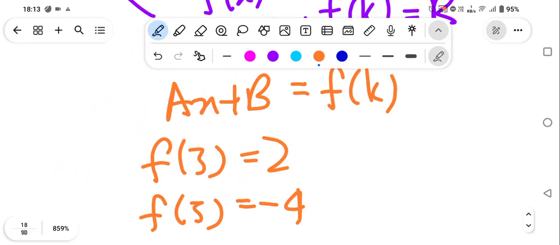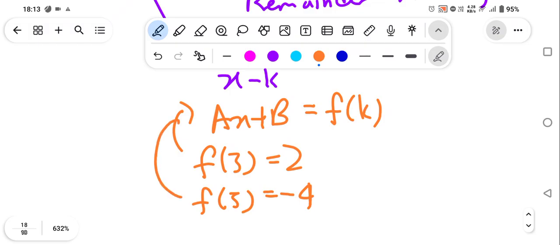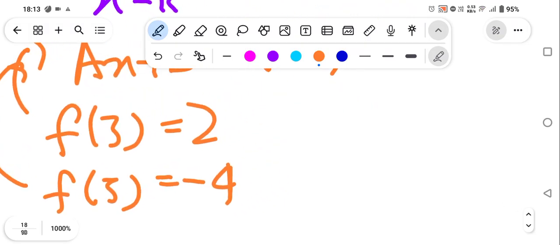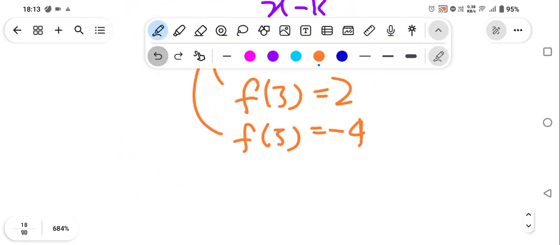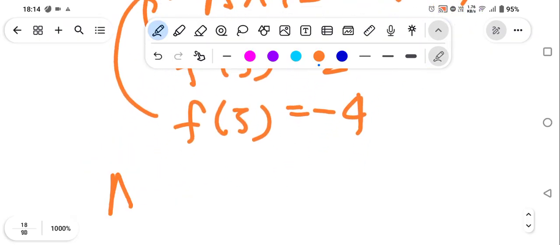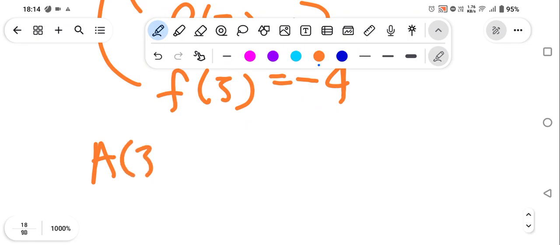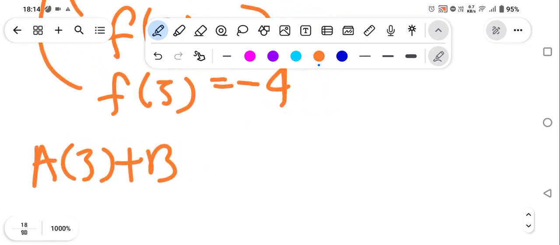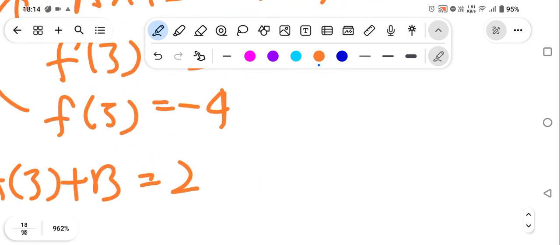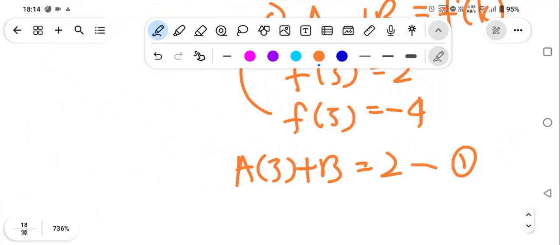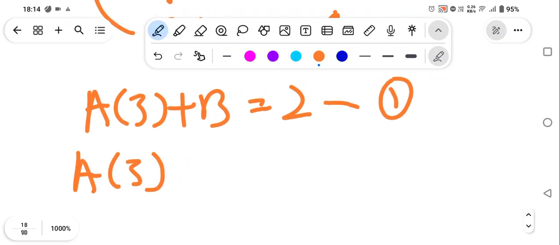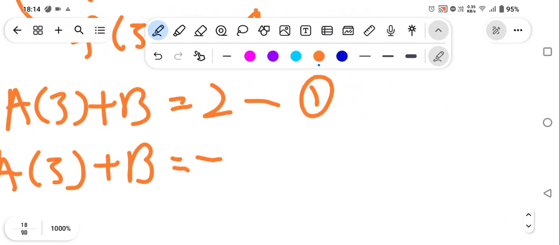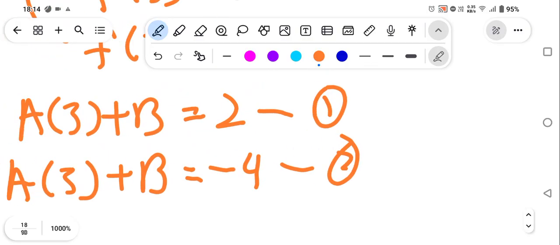So I'm going to substitute our x values. For the first equation, we have f(3) equal to 2, so 3a plus b equals 2. The second equation is f(5) equal to -4, so 5a plus b equals -4.